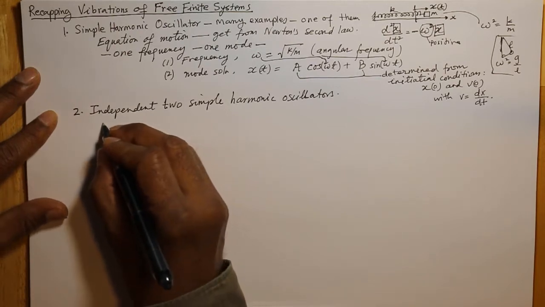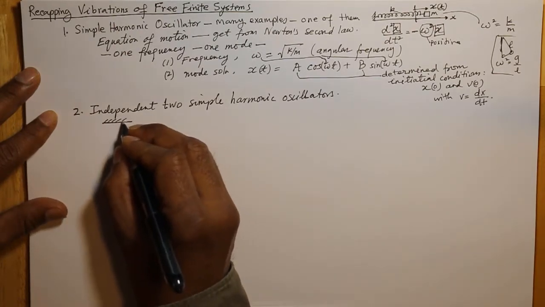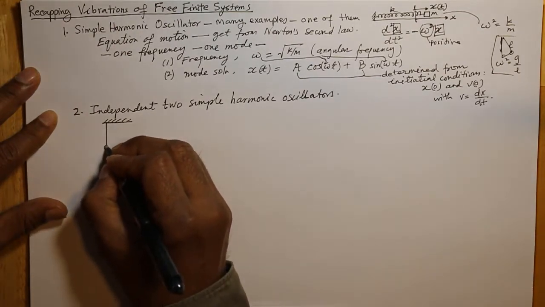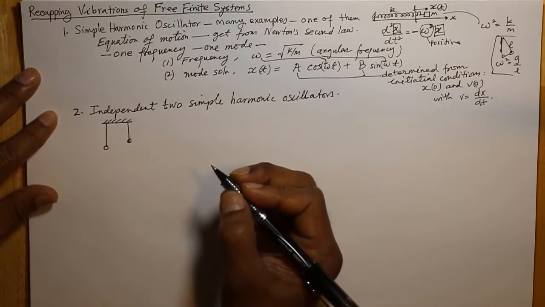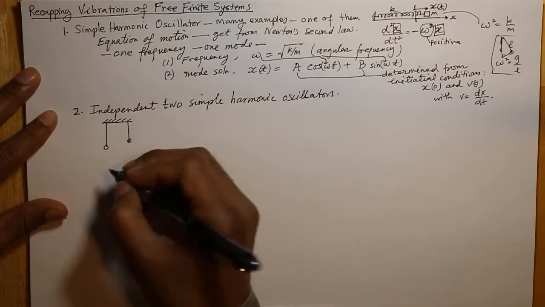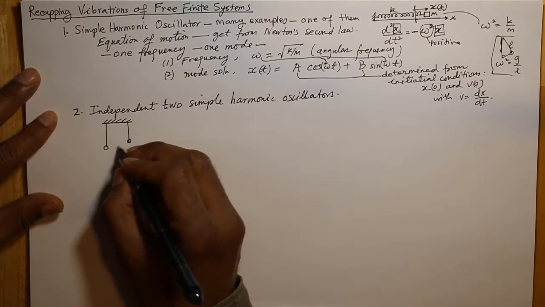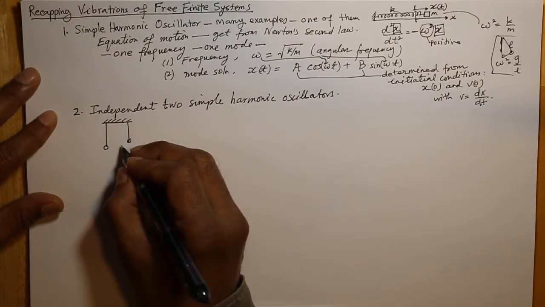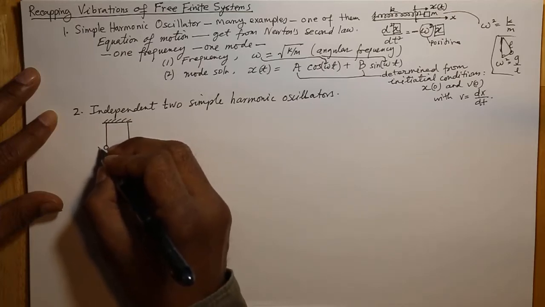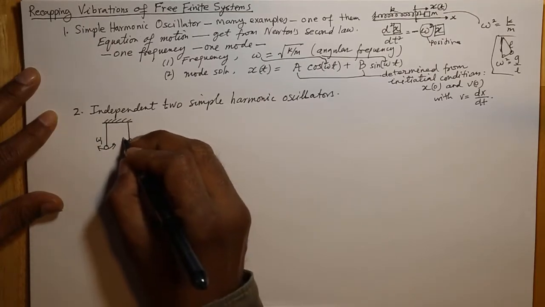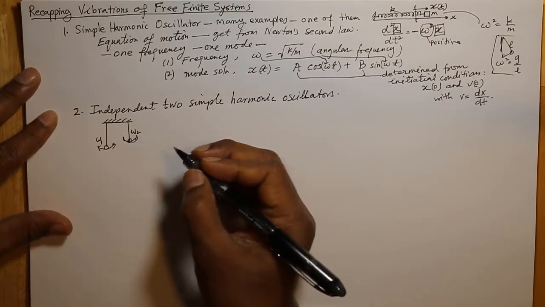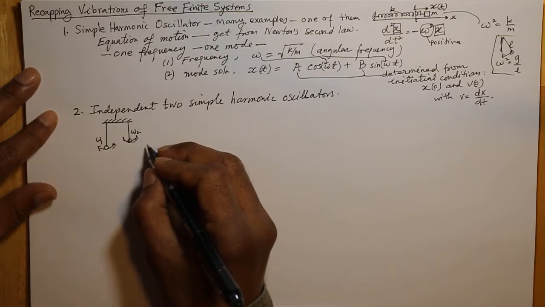You have one pendulum, and you may have another pendulum of a different length or the same length, but they're not coupled. So this one goes with omega 1, and this one goes with omega 2, and so you have two separate things.